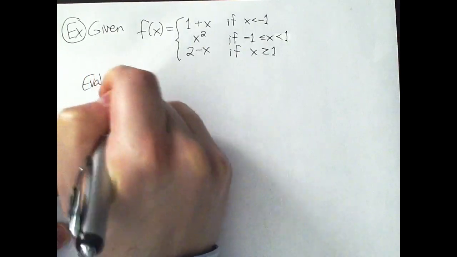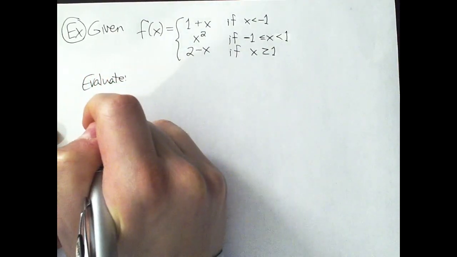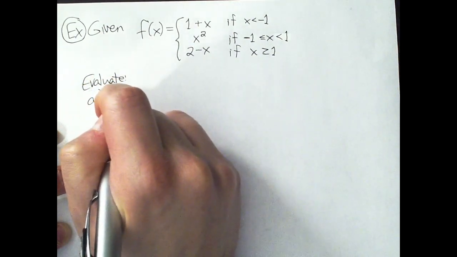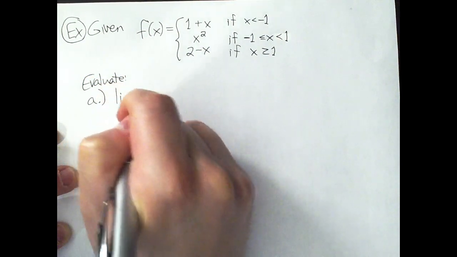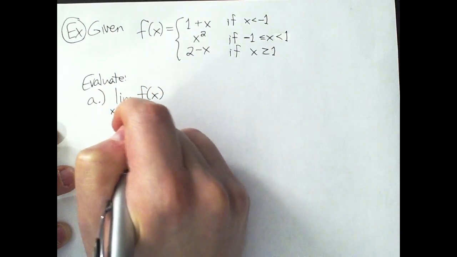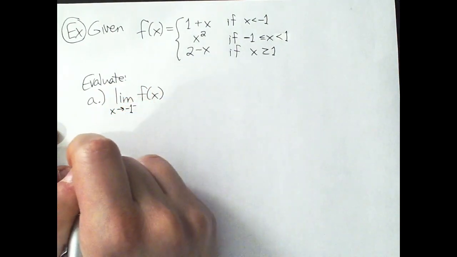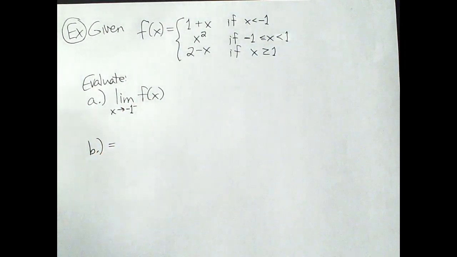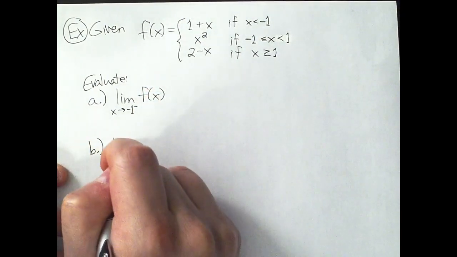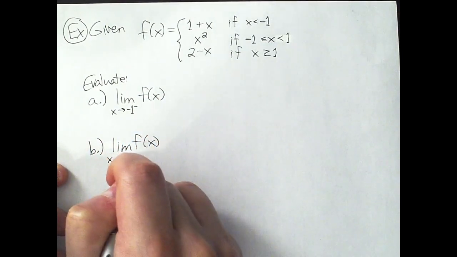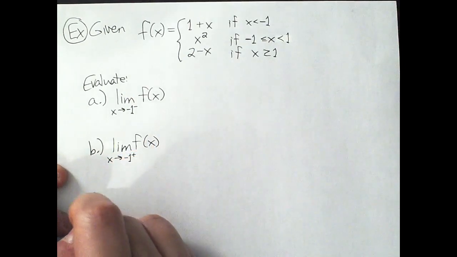Let's evaluate. I think I have 6 parts for this one. So I'll write these out and then I'll talk us through them. This one's going to be limit f of x as x goes to -1 with a plus sign.